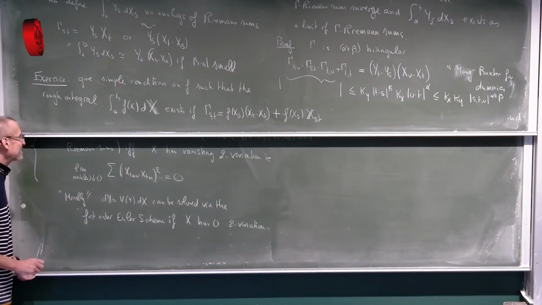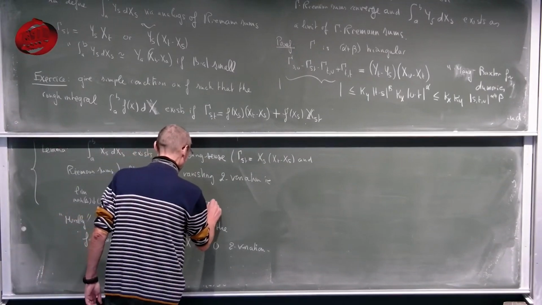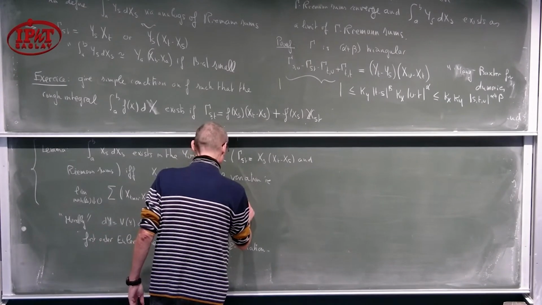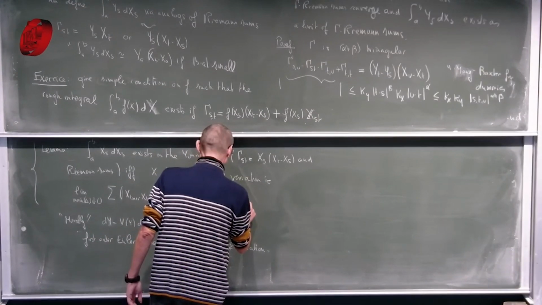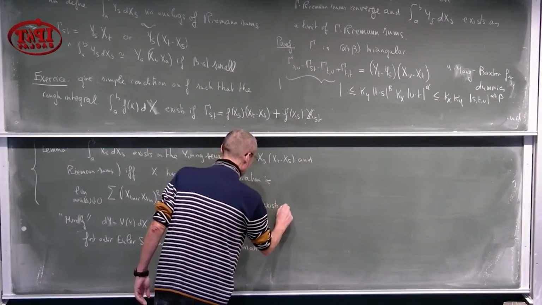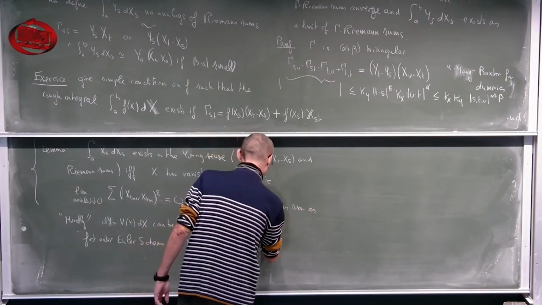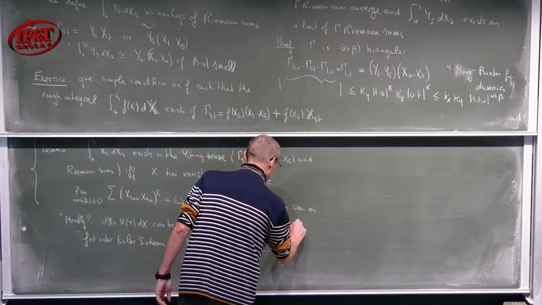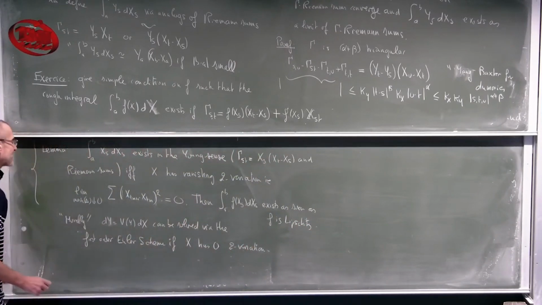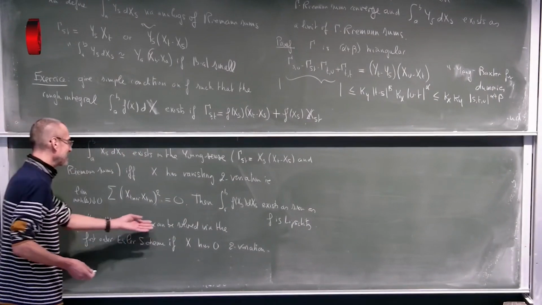So it's easy to see, and then we add the corollary: the integral from a to b of f(X_s) dX_s exists as soon as f is Lipschitz. So this is an easy exercise, and this gives the explanation why you can expect that this is going to work.